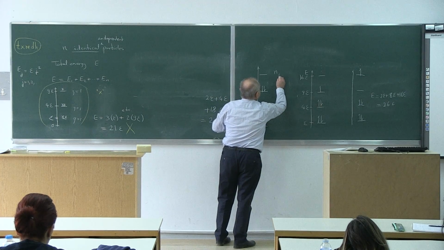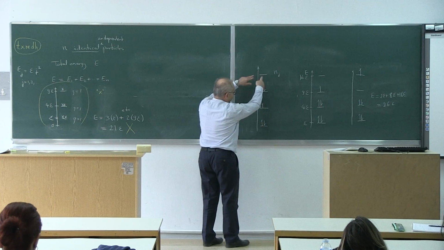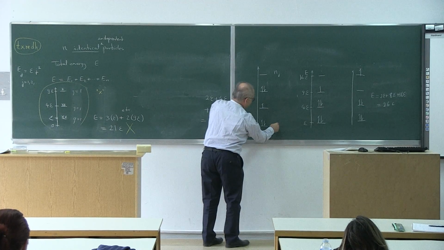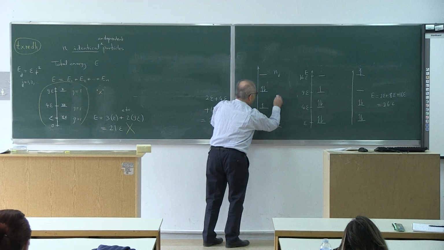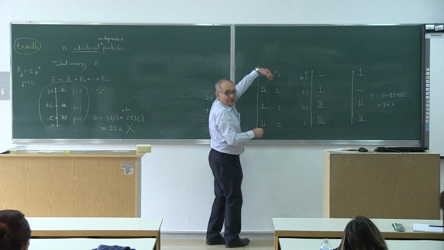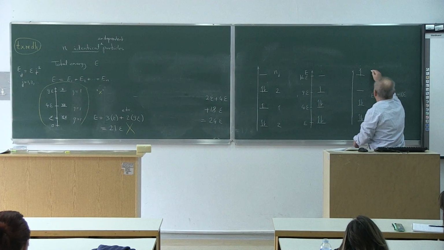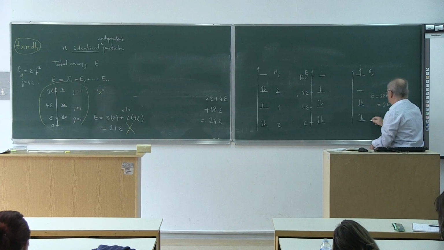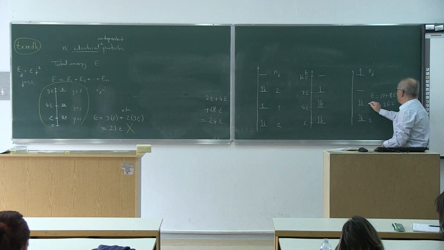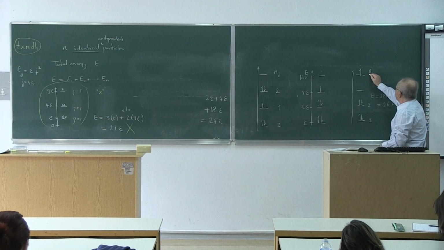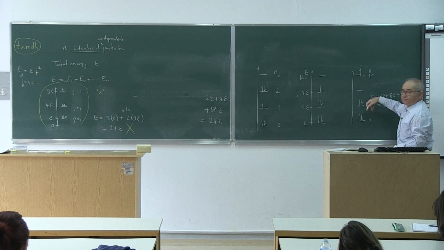Please note that in this case, the occupation numbers are 2, 1, 2, and the rest are 0. In this case, occupation numbers are 2, 2, 1 for this level.